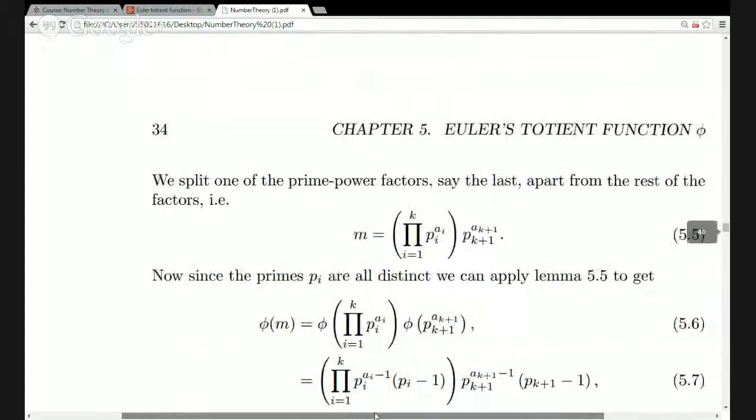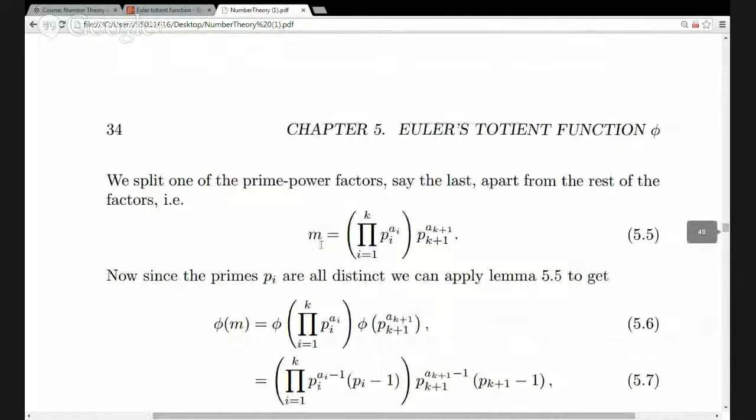Because you can write a number m with k plus 1 distinct prime factors like this, and separate off the last prime power, the other number that's left behind is just a product of k distinct primes. So that will be covered by the induction assumption, and the formula will work for that.